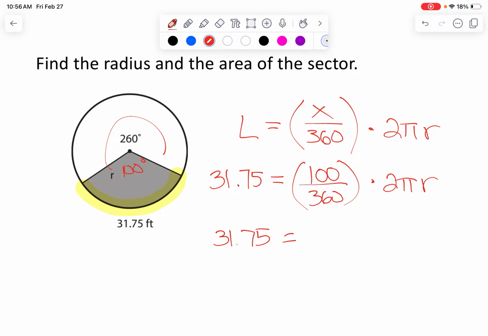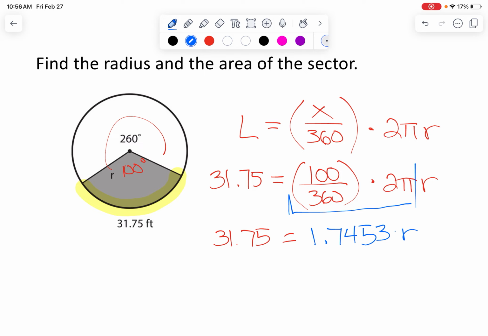I'm really just going to multiply this part here and figure out what I get. I get 1.7453 times r, right?